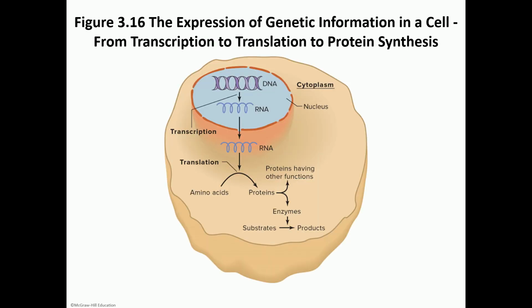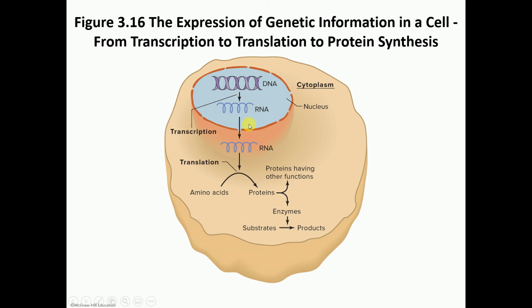So here is another look at how the process works. The DNA has the instructions on how to make a protein, but again, it is trapped within the nucleus. So the DNA unwinds and makes a messenger RNA. That process again is known as transcription.